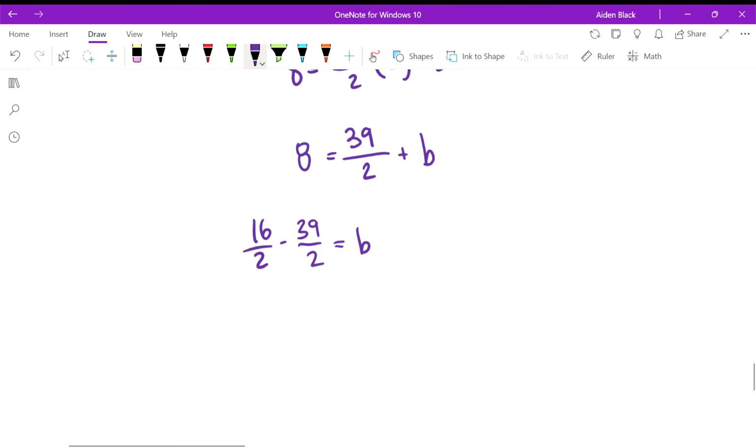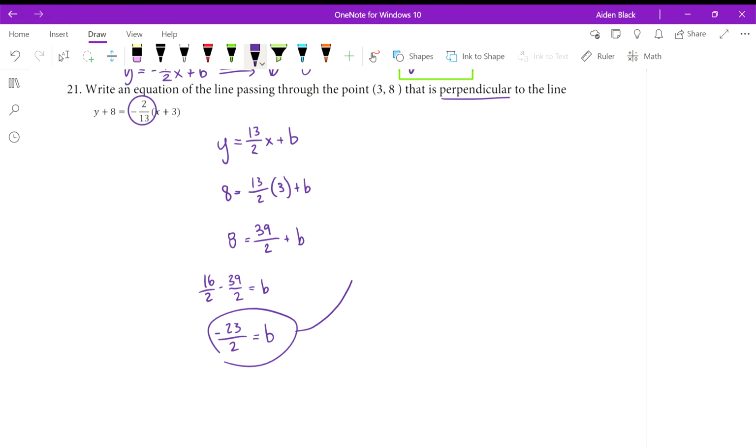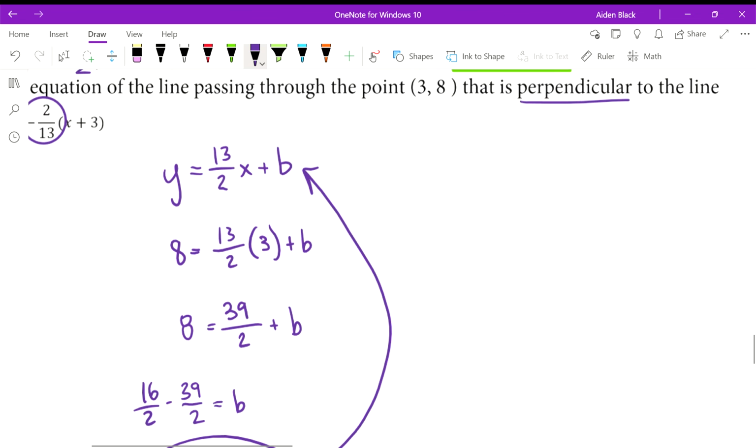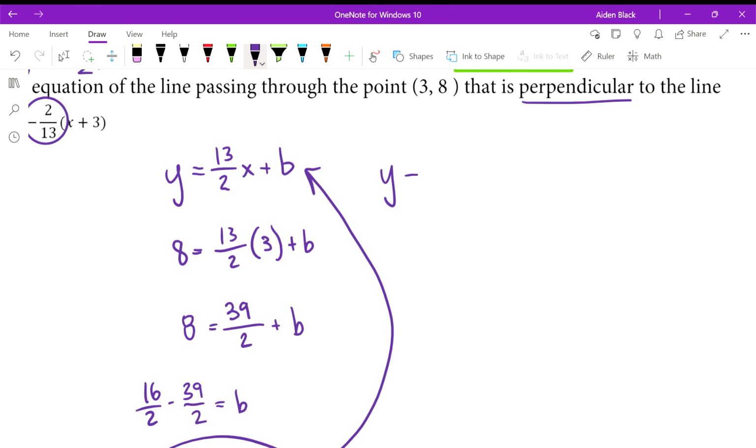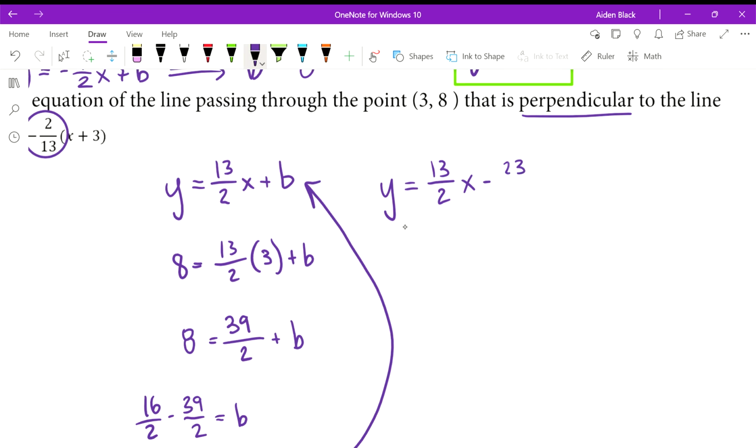So doing this allows me to actually combine these terms, since they're both in halves. The difference there is, let's see, 23. So our b value is negative 23 halves. So we'll come back here, rewrite this, but instead of writing b, we're going to write what we found b is equal to, negative 23 halves.